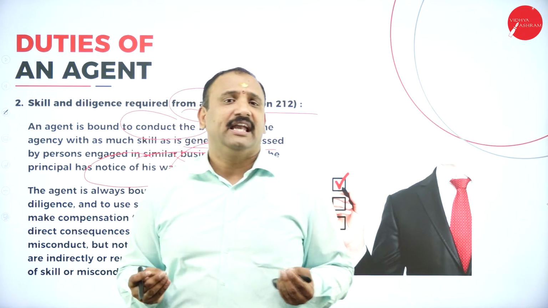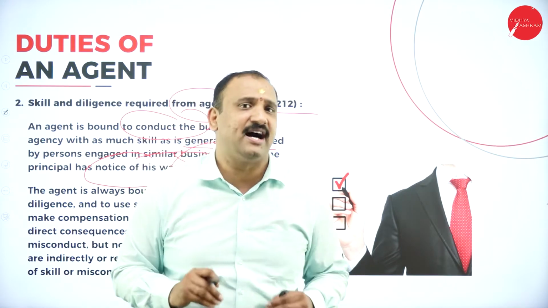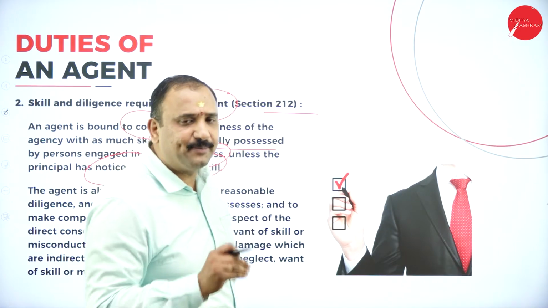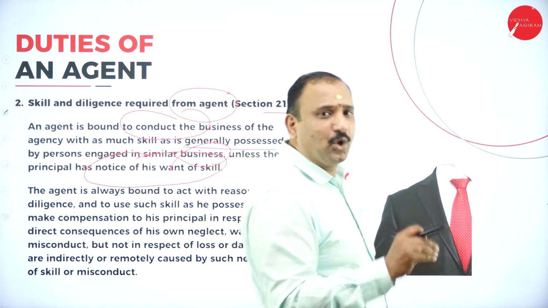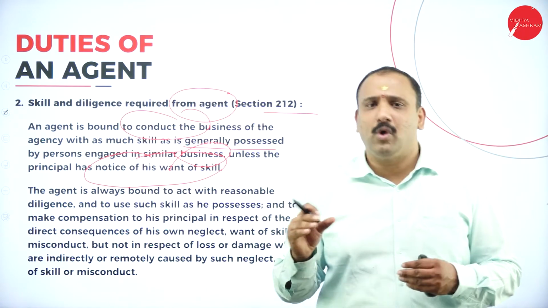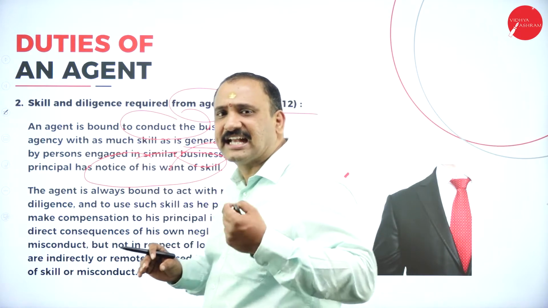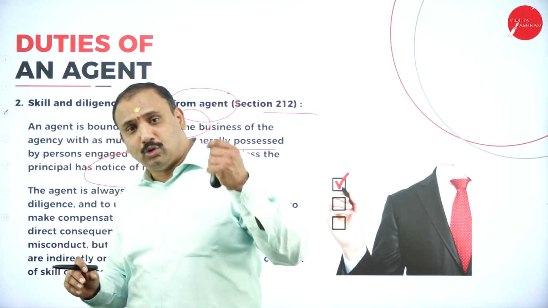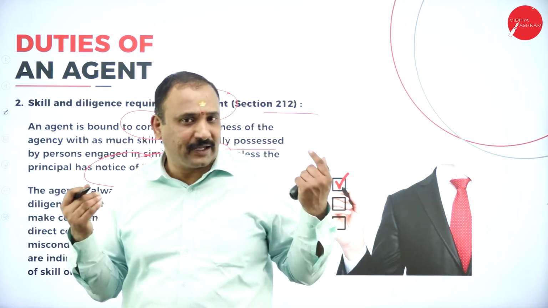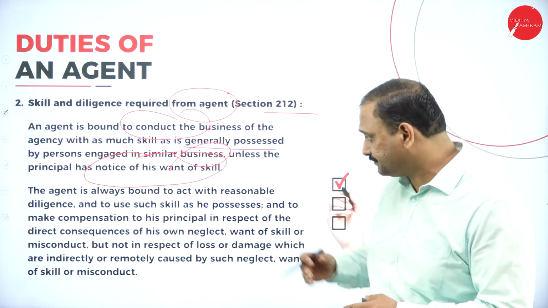For example, if a person comes to you and asks about second-hand cars, then you should have a reasonable knowledge about the automobile. Which kind of car, what brand, what is the cost, how many kilometers run, what kind of dealings are involved. That is a general skill that is expected from you. But if you don't have the general skill, then it becomes very difficult for you to run that particular business.